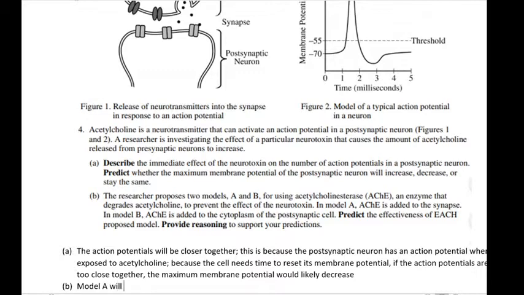Model A will be effective in preventing the effect because receptors on the surface of the postsynaptic neuron are responsible for carrying that signal. Degrading acetylcholine in the synapse will block the signal.